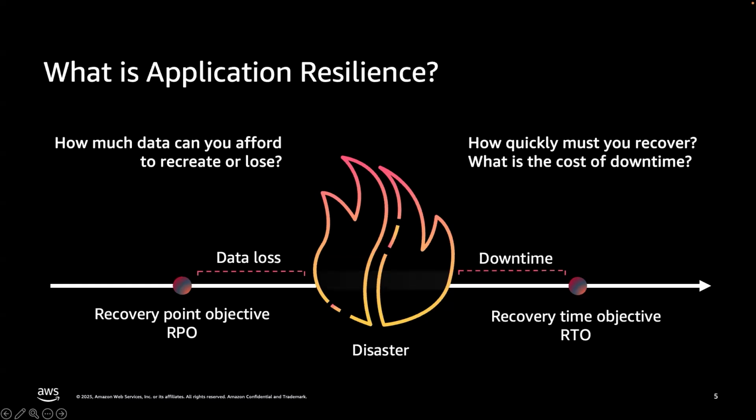What is your tolerance for downtime? What is your tolerance for loss of data? And it immediately becomes a question of what type of workload are we talking about? What type of data are we talking about?